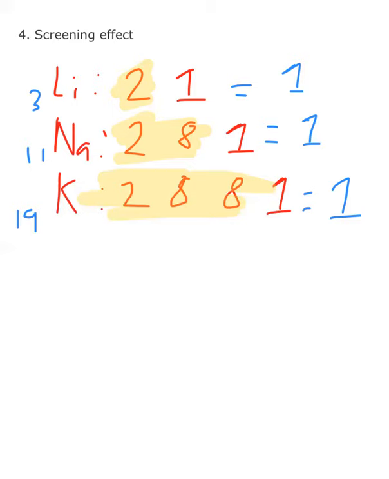However, if we go across the periods, as we did earlier, the nuclear charge is increasing because the inner electrons are the same, but the number of protons is increasing.